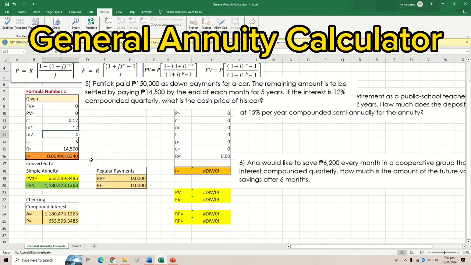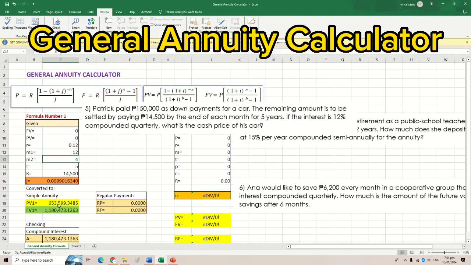Okay, so the cash price of the car is 653,000. We still have to add it to the down payment. Okay, let's copy that. 653,599.3485 plus we add it to the down payment, which is 150,000.